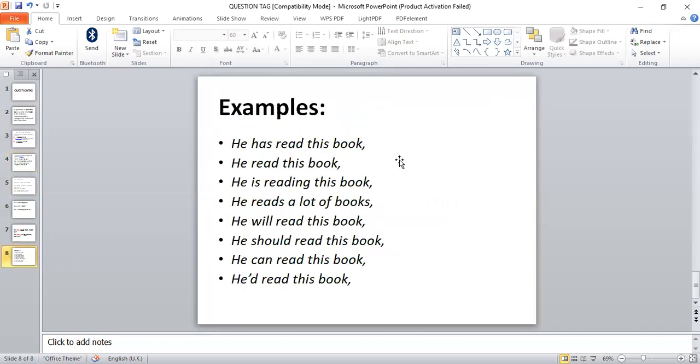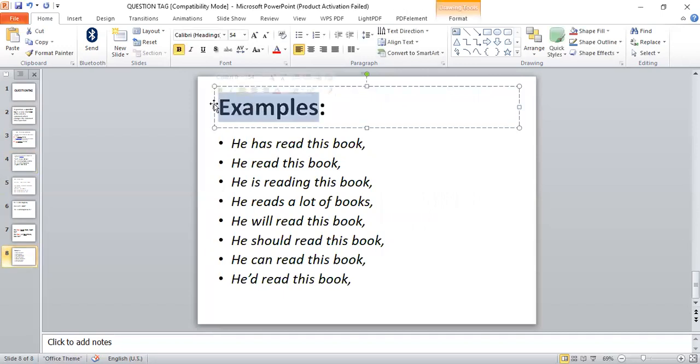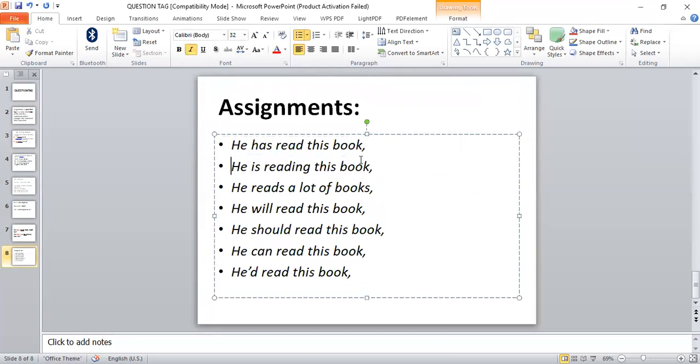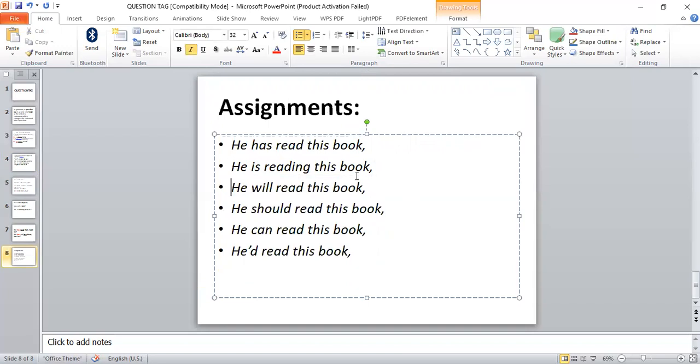these are the questions that we're going to be working on. So let me change these to assignments. The first statement is, he has read this book. The second statement is, he is reading the book. The third statement will be, he will read the book.